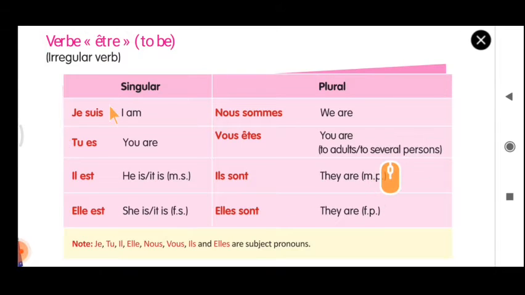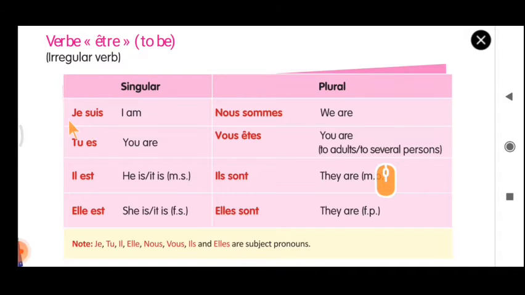I'll repeat this verb and you repeat along with me. Here the singular is given and here the plural. We already learnt in lesson 2 les pronoms sujets, so I'll revise them once. Please repeat.